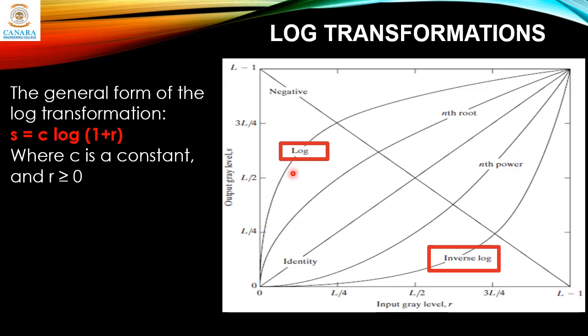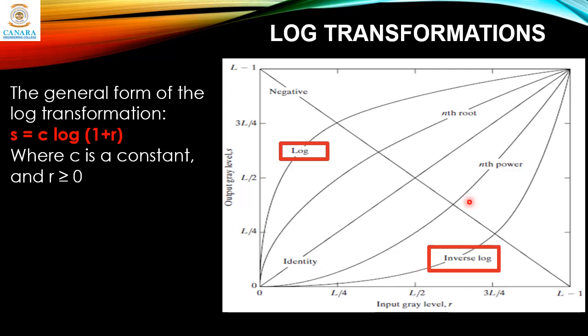Now if you observe the curve, you can note that in this log curve, the darker pixel values, like here, less than L by 4, are mapped to a higher range. So it is basically expanding the darker intensities into a wider range.